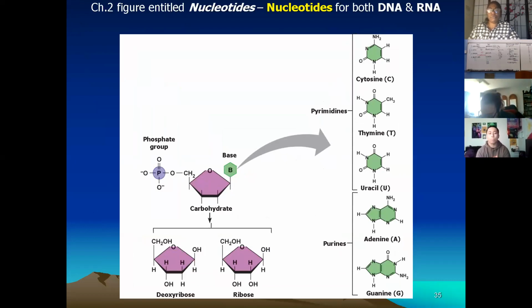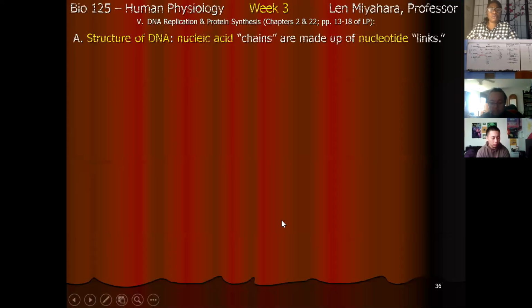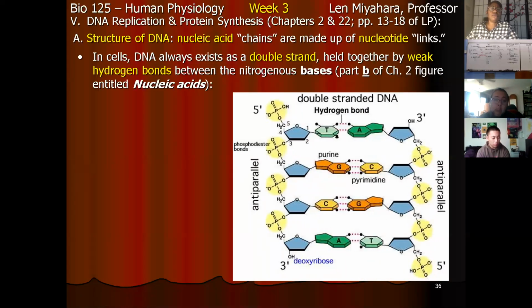So here's the difference between ribose and deoxyribose. Deoxyribose is just missing this oxygen. Okay, but here's the bases. We'll talk about uracil a little later. Okay, in our cells, DNA always exists as a double strand.